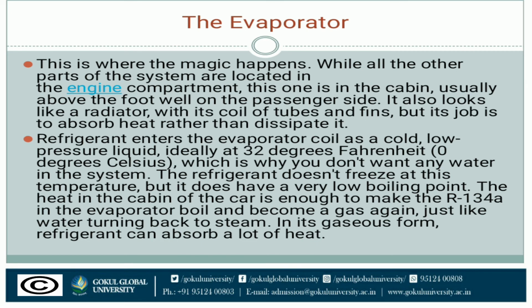Refrigerant enters the evaporator coil as a cold, low pressure liquid. Note down, refrigerant enters the evaporator as a cold, low pressure liquid. Low pressure because of the orifice tube or thermal expansion valve, and in liquid form, ideally at 32 degrees Fahrenheit or 0 degrees Celsius, which is why you don't want any water in the system.